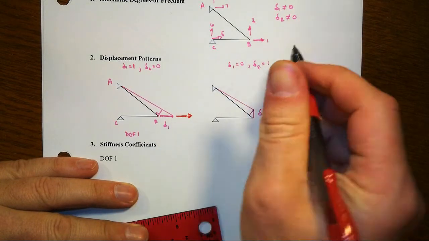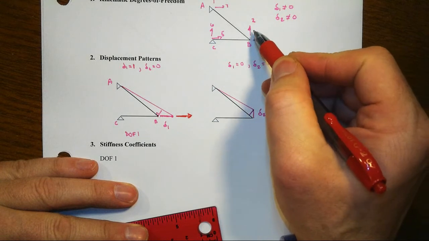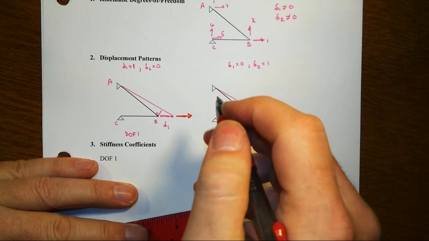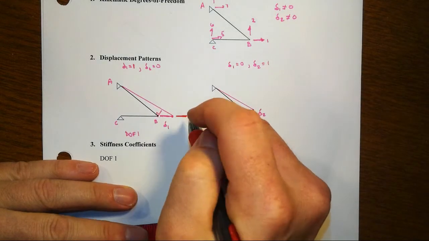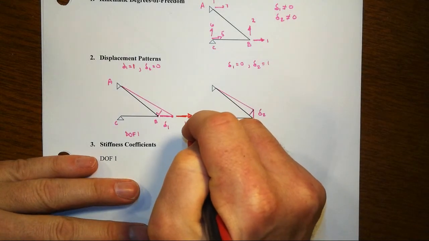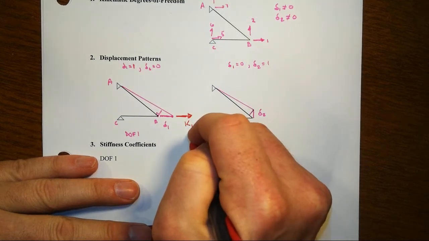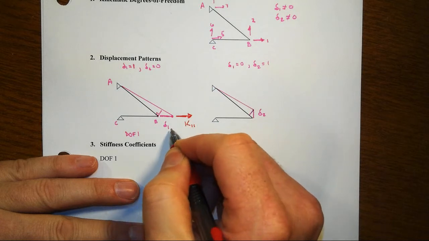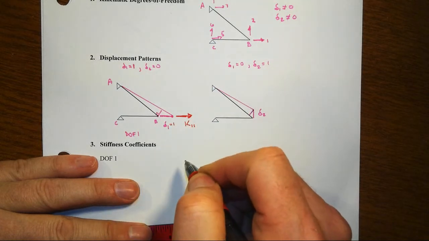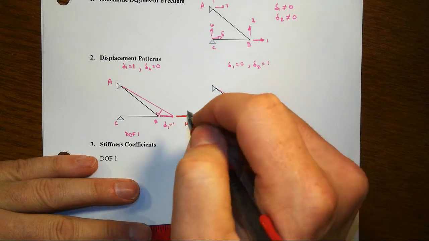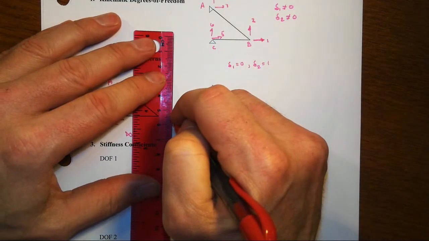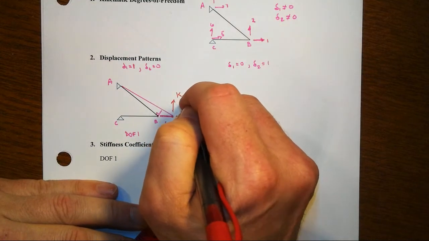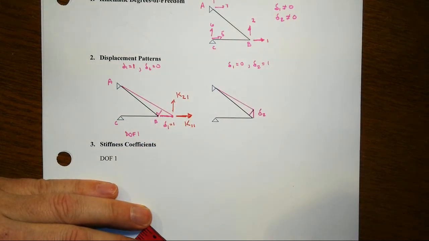And with these declarations of degrees of freedom up here, that's our global coordinate system, then this will be K11, the force at degree of freedom 1 associated with the unit deformation of delta 1 being 1. And then there will be a force necessary in direction 2 caused by that unit displacement.